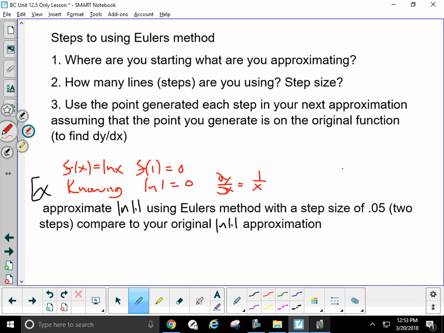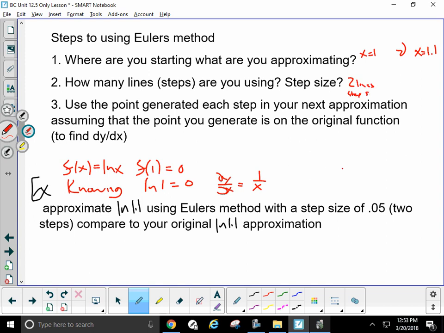What do we need to know? Where are we starting from and what we are approximating? In this case, I'm starting from x is 1. I am approximating x is 2. Nope, sorry. I'm approximating x is 1.1. How many line steps are you using? What is the step size? In this case, we're using 2 lines.